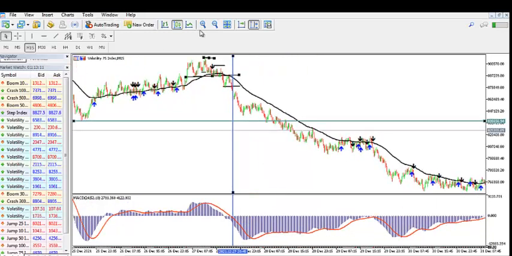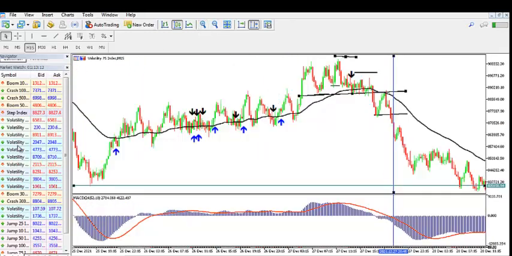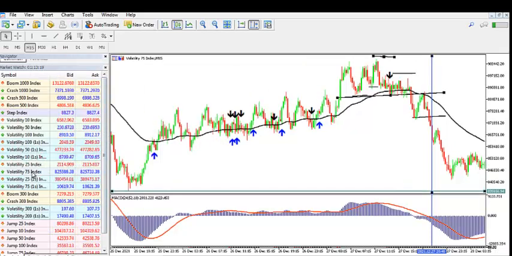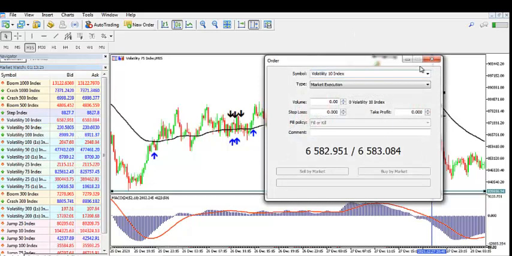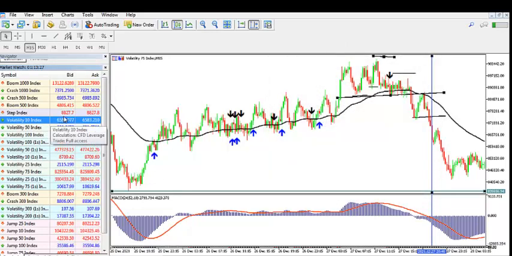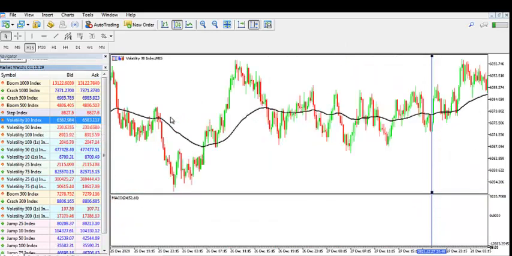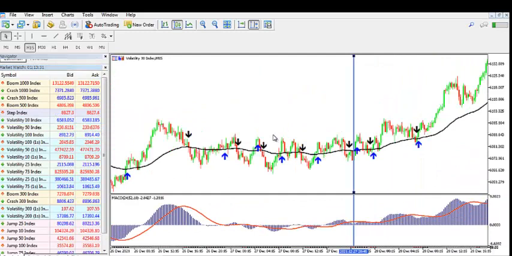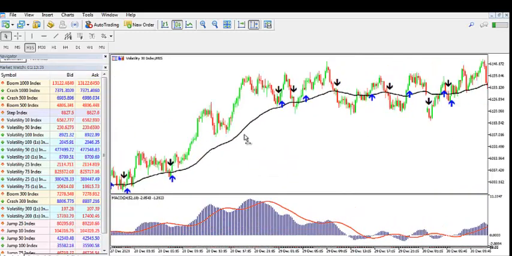All right, now let's look at another market. Let's look at another pair. Maybe let's see Volatility 10. Sorry, let's see V10. So this is an indicator that can help you, because it's a price action indicator.